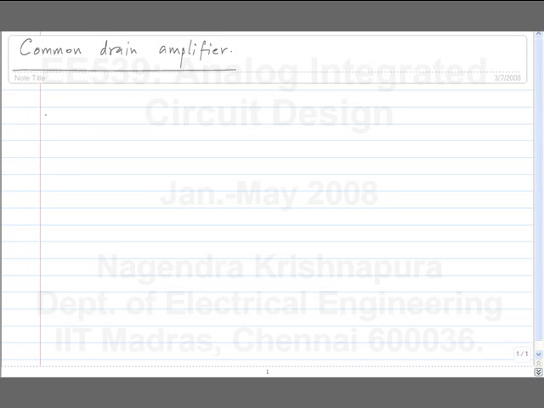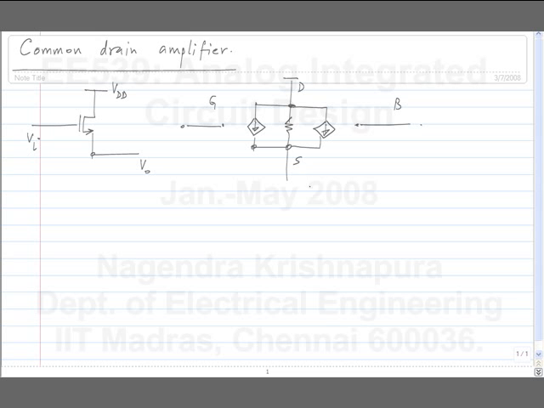This one, the incremental picture looks like this. In terms of the small signal parameters, this is the picture we have. This is the bulk, drain, gate and source.